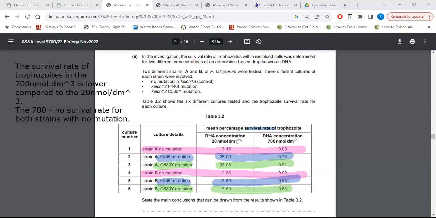And this is true for all three scenarios. When there is no mutation, strain A has 3.15 survival at low concentration. Strain B only has 2.86. Even with the mutations, the survival of strain A is higher and the survival of strain B is lower. So we can add this point to our answer as well.